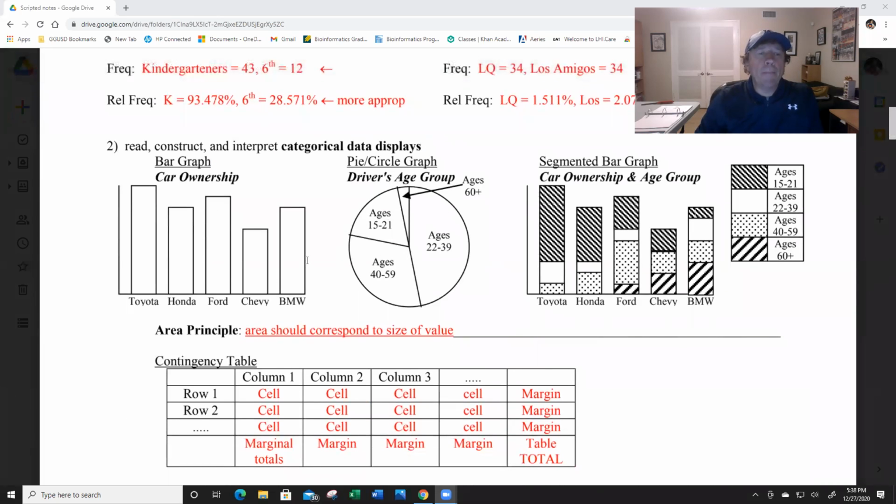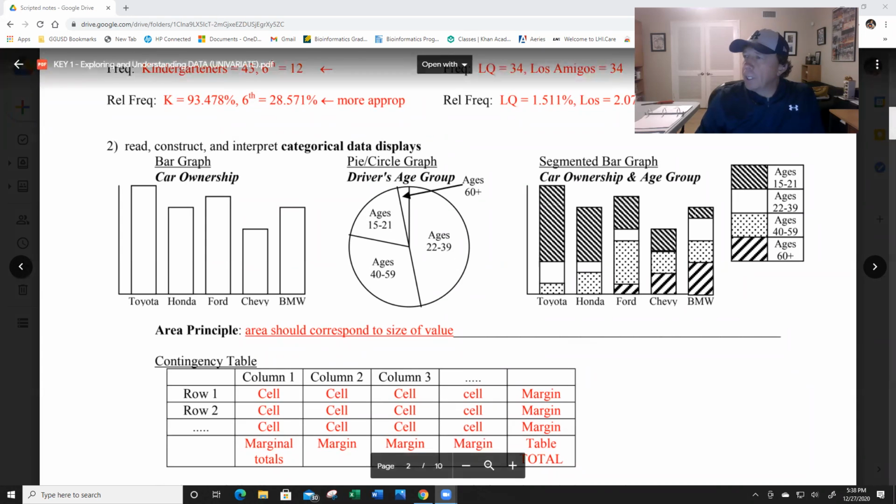Now we've got a bar chart. You're eventually going to learn you've got bar charts and histograms. They actually look the same. It's called a bar chart because it uses bars, and a histogram also uses bars. What makes it a bar chart is that it's for categorical data, because those car types are categories.